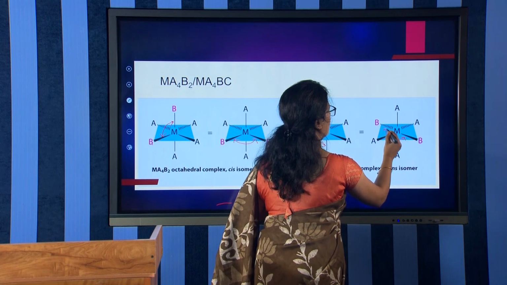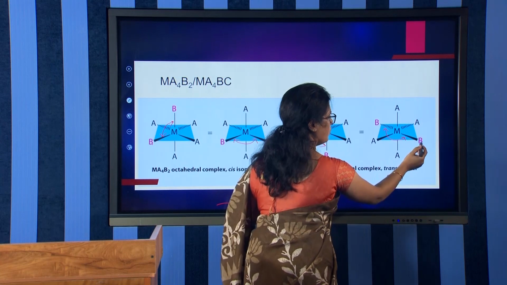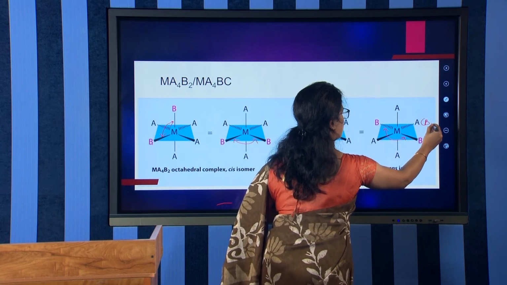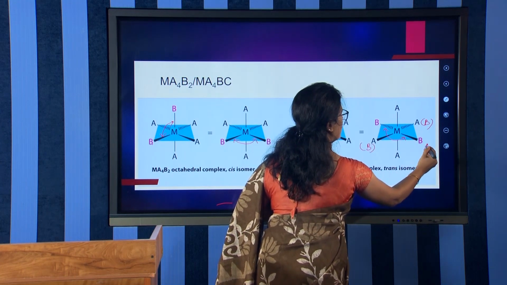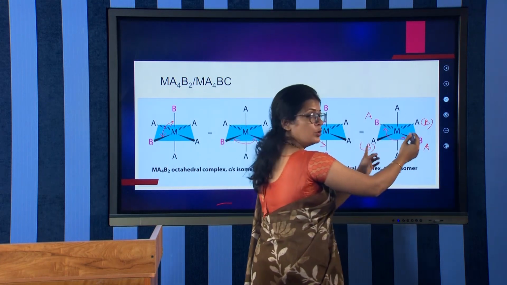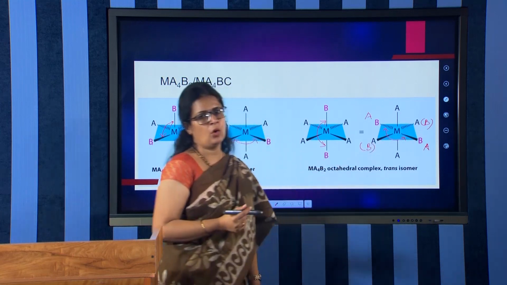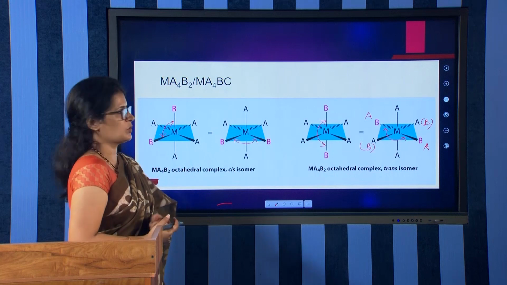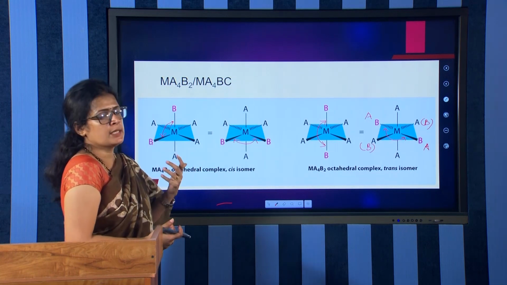If one B is here and one B is here, and I write A here and A, then what will be the isomer? It also will be a trans isomer, because B and B will be on the opposite sides, similar groups on the opposite side. So, in the case of MA4B2 type, it will show cis and trans forms.